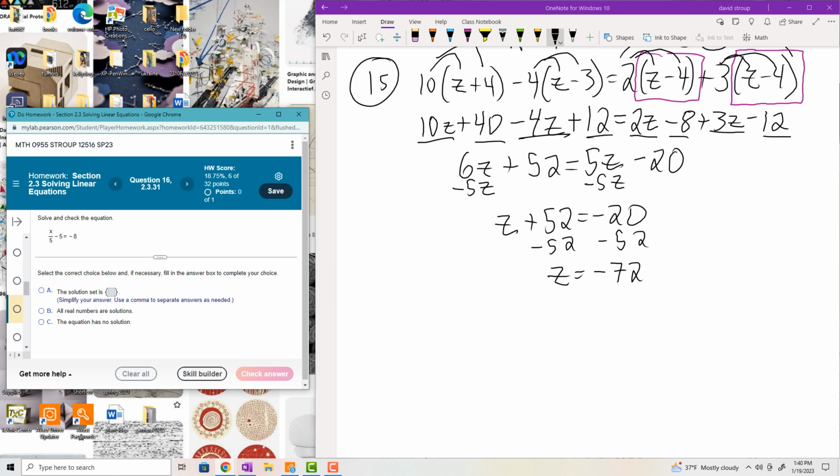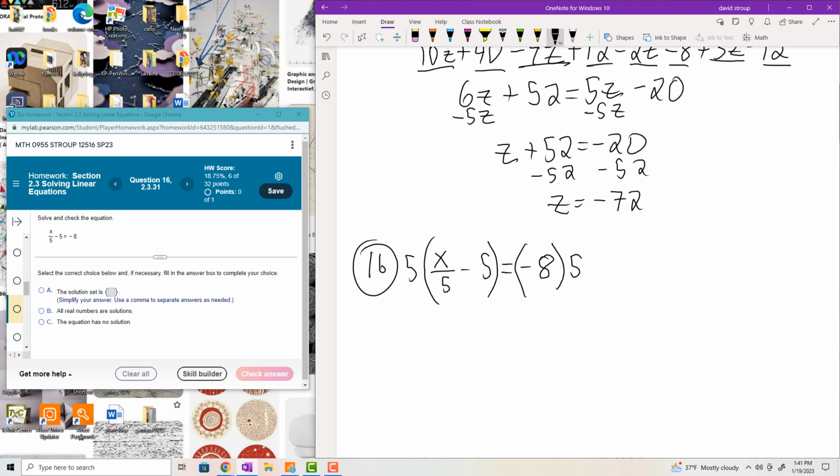And in problem 16, there's only one fraction, so you're just going to end up multiplying by whatever's in the denominator of that fraction. The denominator is the bottom part of the fraction. So in this case, the denominator underneath that x is a 5. So what you do is just multiply both sides by 5. And it turns an equation with fractions into an equation that's all integers.